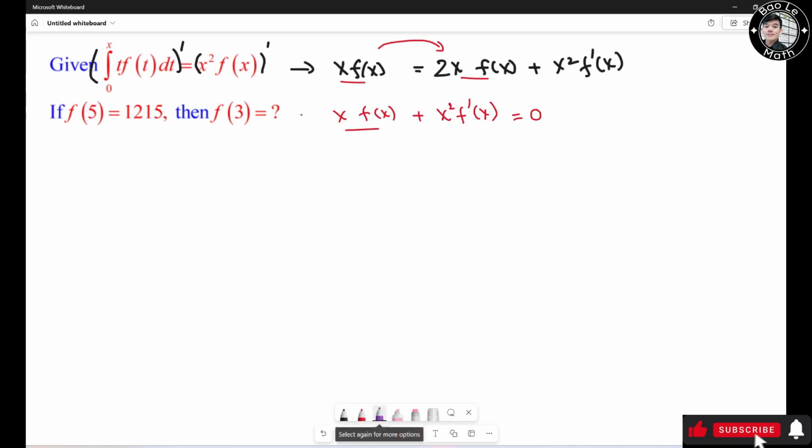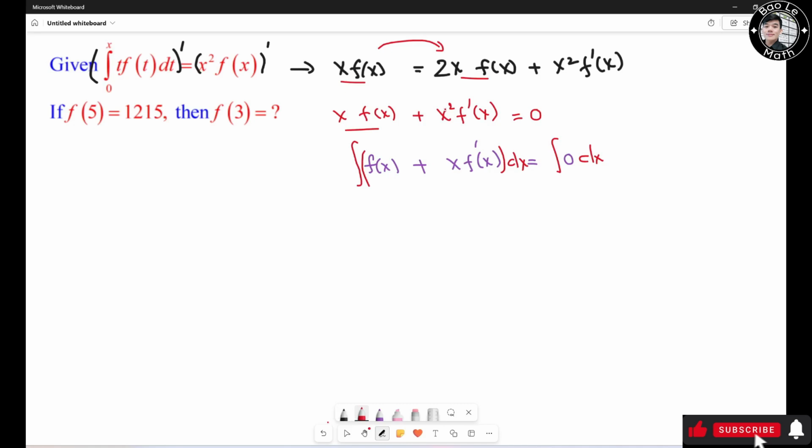Now I'm going to divide both sides by s, so it turns out to be f of s plus s times f prime of s equal to 0, right? Now I'm going to take the antiderivative of both sides, so it's going to be the antiderivative of this one equals the antiderivative of this one ds, right?